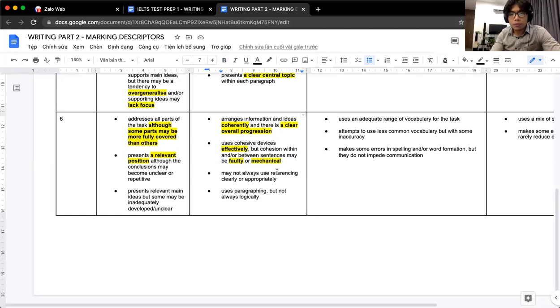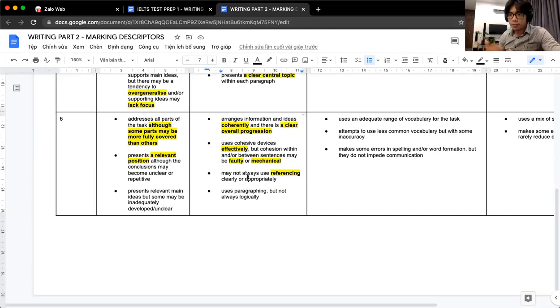You may not always use referencing. Oh, it is a very interesting thing. What is referencing? Referencing is basically the use of words like it, this, that, those, they, or using relative clauses. The point of referencing is to show the connection between ideas and between sentences.